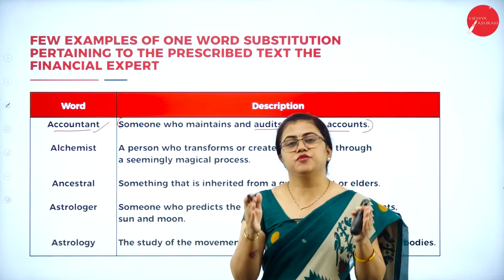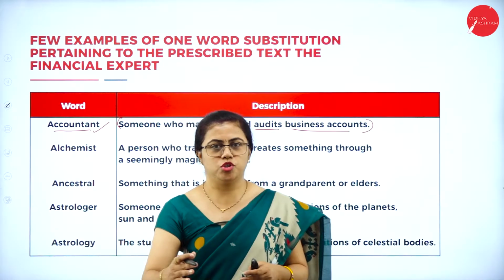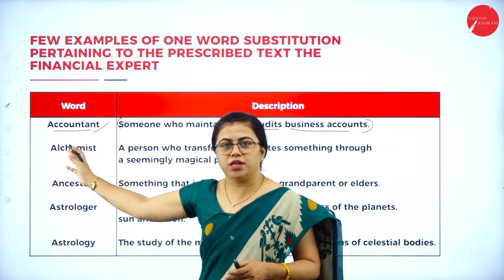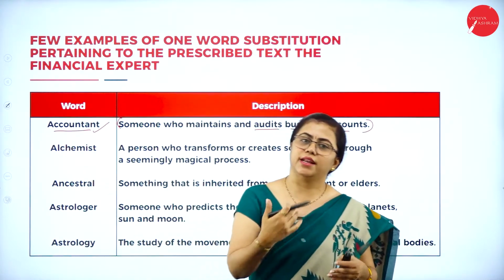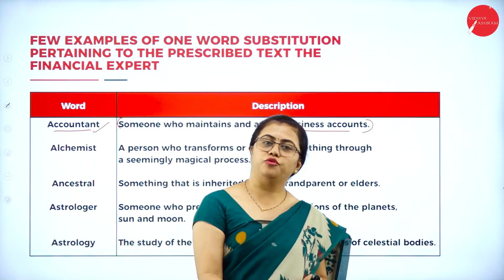Please frame simple sentences whenever you're framing sentences. For one word substitution, you just have to write this word. But you will also be asked another question wherein you will be asked to frame sentences.